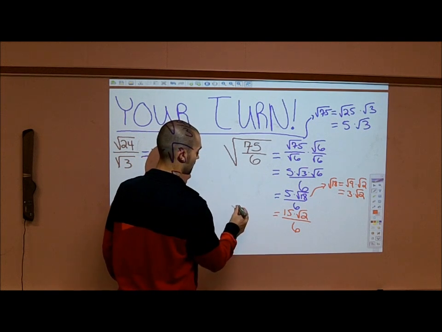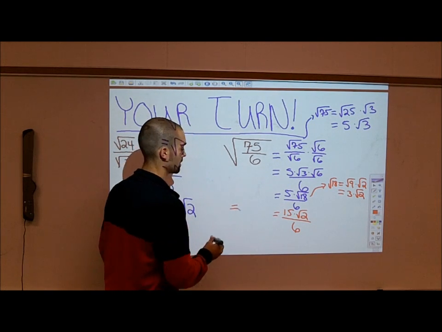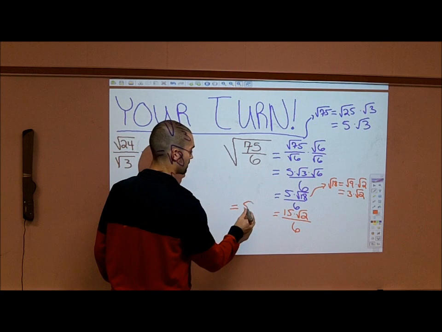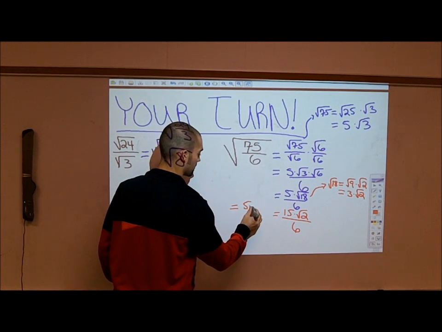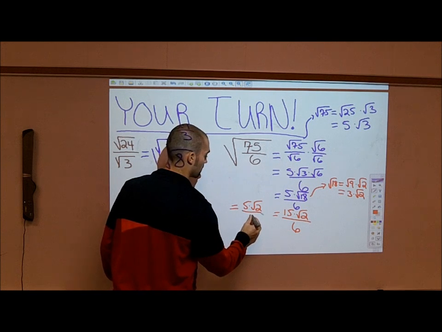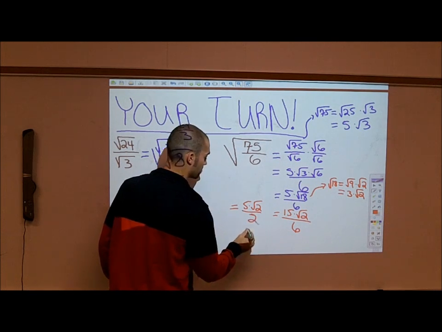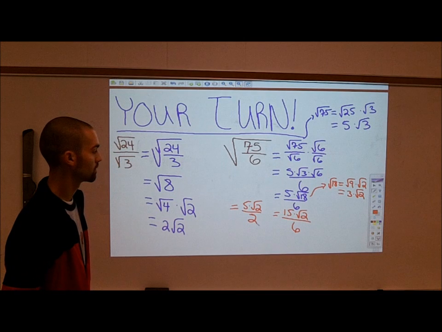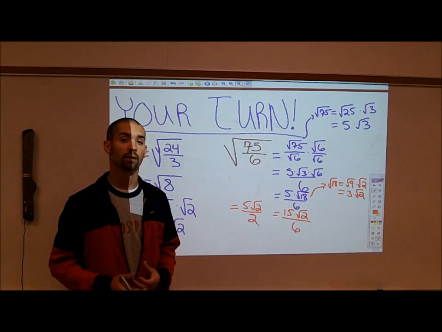So if I simplify those, I get 5 times the square root of 2 over 2.